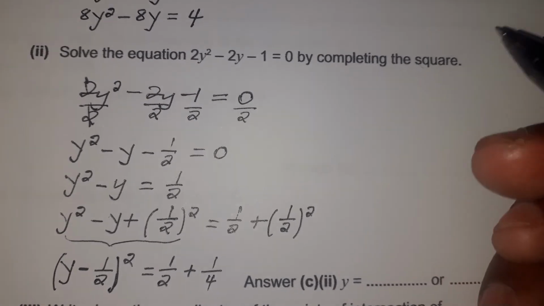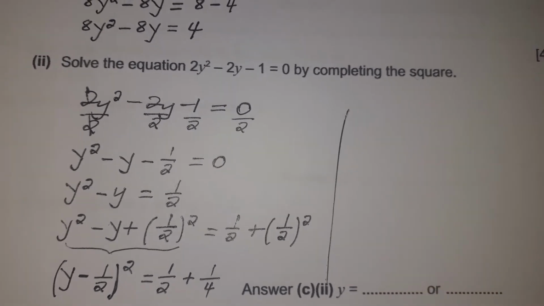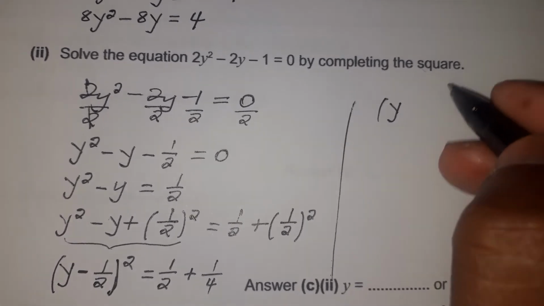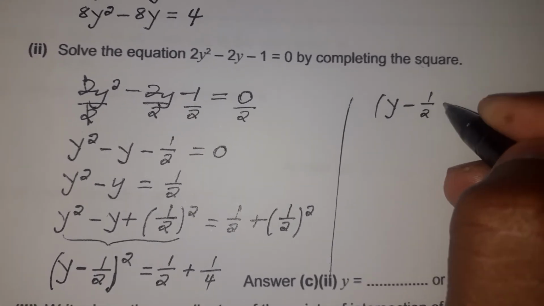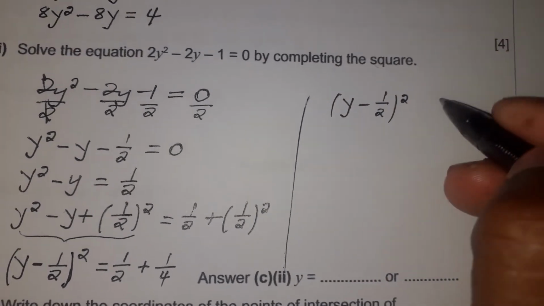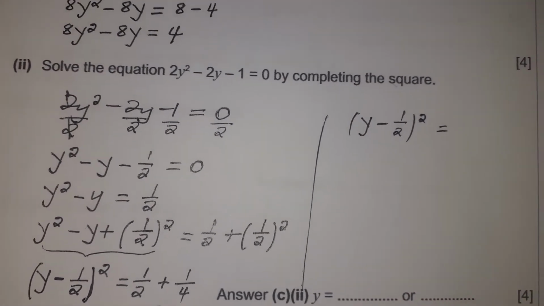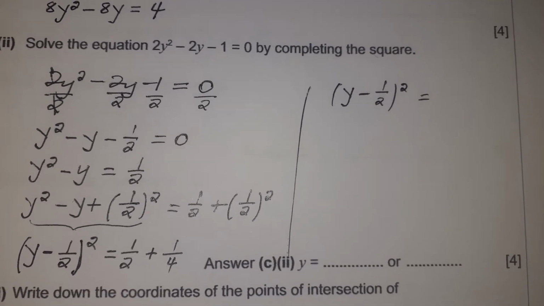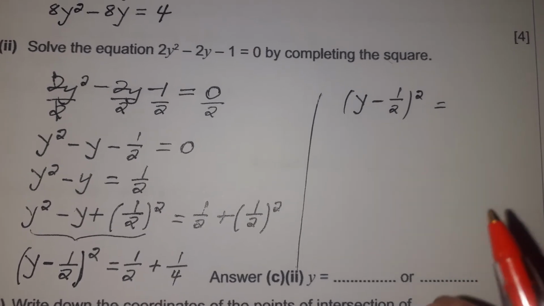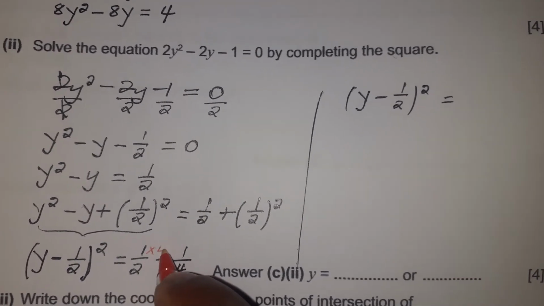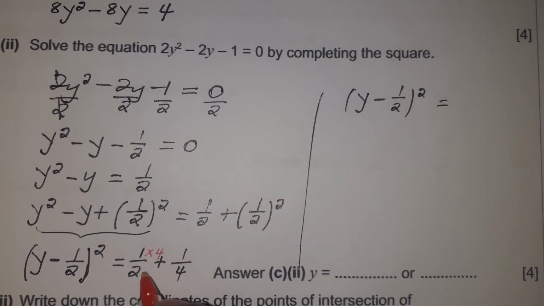Let's move to this side and rewrite that part. We have y minus 1 over 2 squared equal to, and we can now simplify this. To simplify that, we need to have the same denominator. This side we multiply by 4, top and bottom.